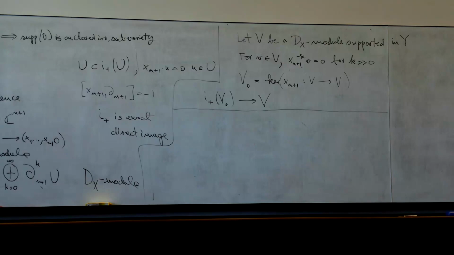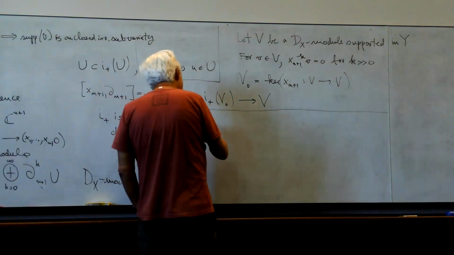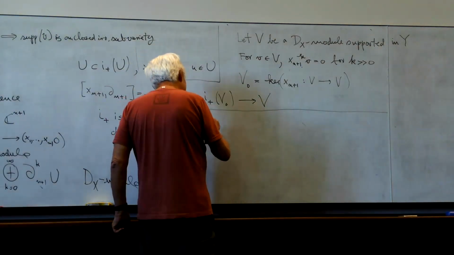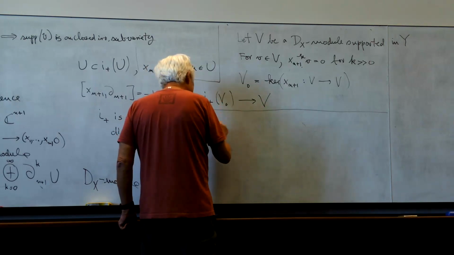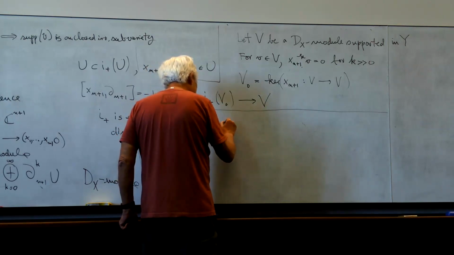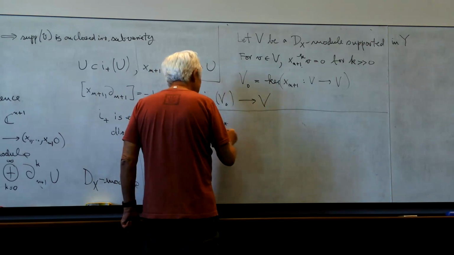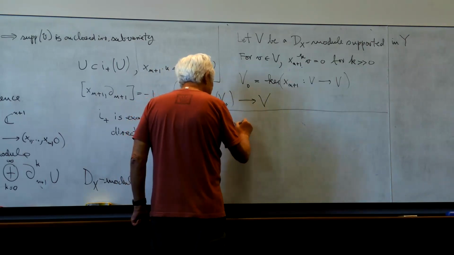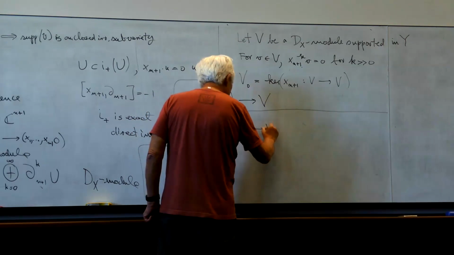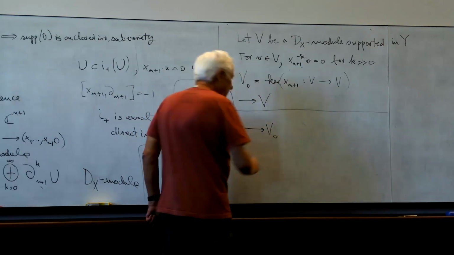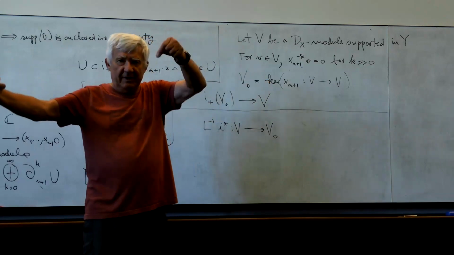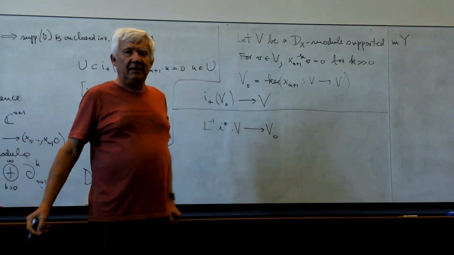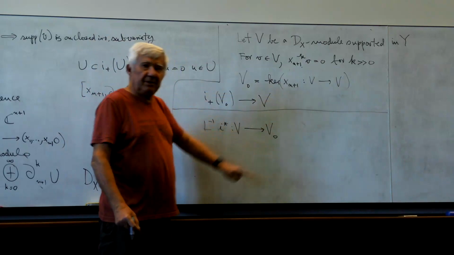In this case, the minus 1 I upper star, because basically you calculate it from a complex where the differential is given by multiplication by x n plus 1.